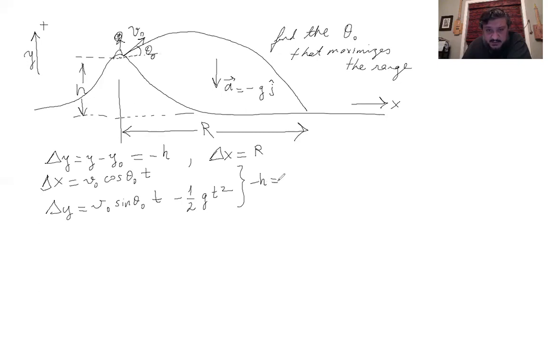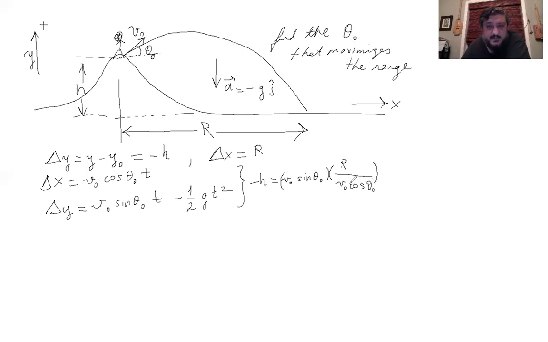Negative h will be equal to v naught sine theta naught times t, and t from this equation is equal to delta x over v naught cosine theta naught, but delta x is r, so I can simply write r divided by v naught cosine theta naught.